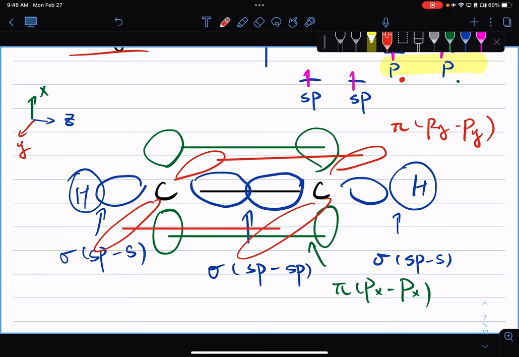So these lobes are perpendicular to each other, but both of them are valid.